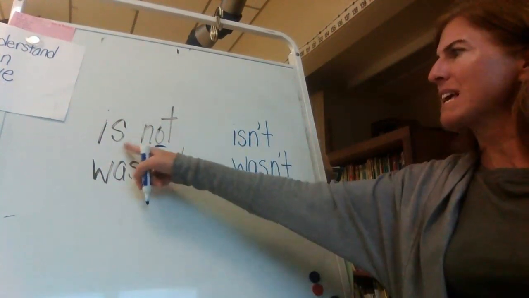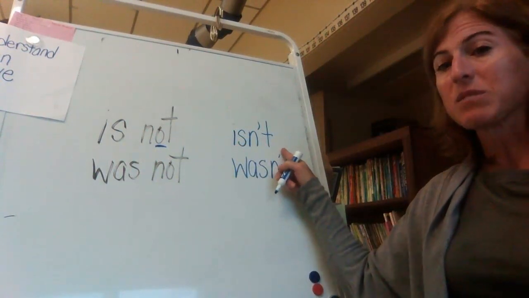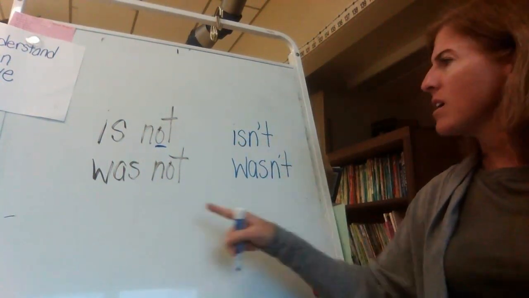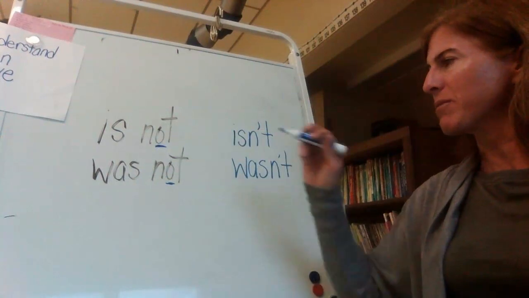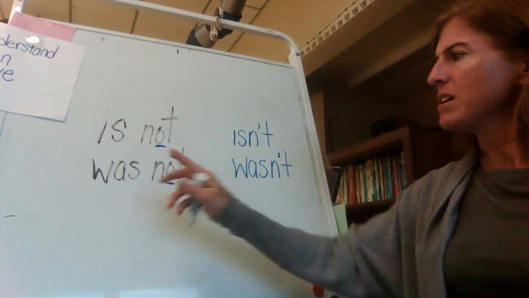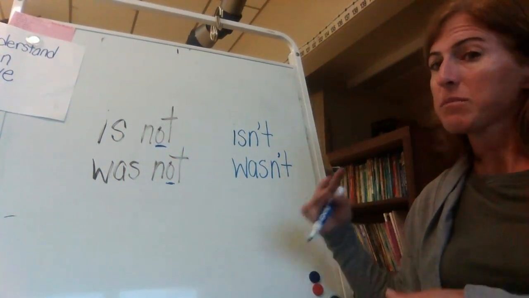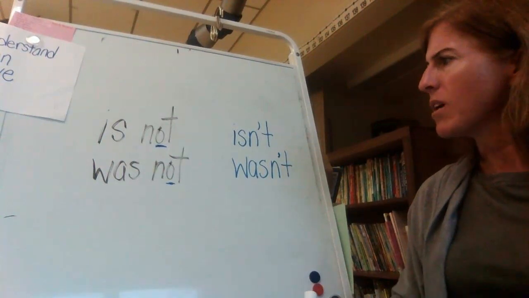So I'm not saying is not, I'm saying isn't, because there's no vowel back here. Was not, again, I'm getting rid of the O, knocking it out, and I put the apostrophe in there. So now it's not was not, it is wasn't, because again, we don't have that vowel.